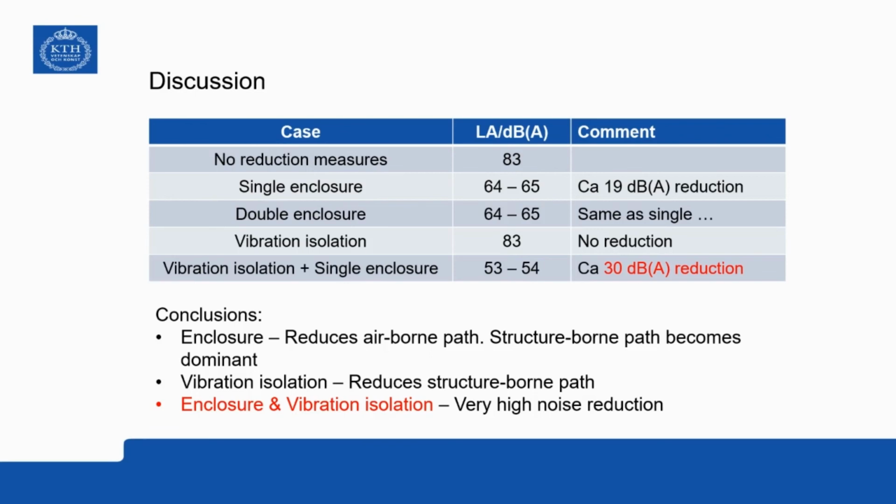So this also pinpoints the importance for an acoustician to be aware of what are the transmission paths that are important in the noise problem. If you don't know what the important transmission paths are, then it's like trial and error. A modification you do may be totally useless.